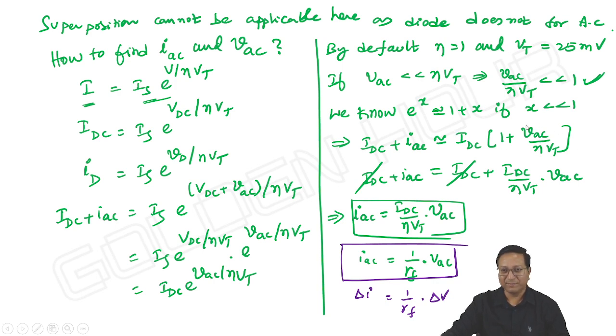If VAC is very small compared to eta Vt, say 5 or 10 millivolts, then 10 millivolts is far less than eta Vt, 25 millivolt. 10 by 25 is 0.4, negligible in comparison with 1.